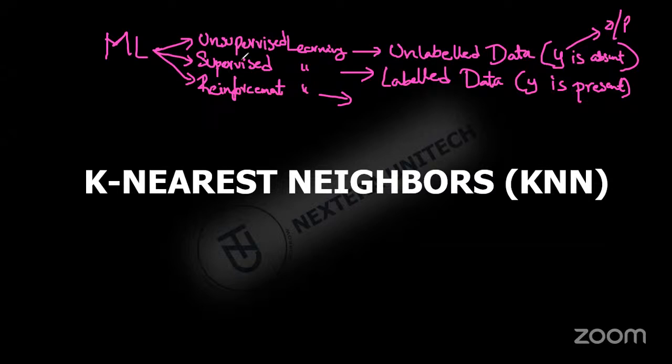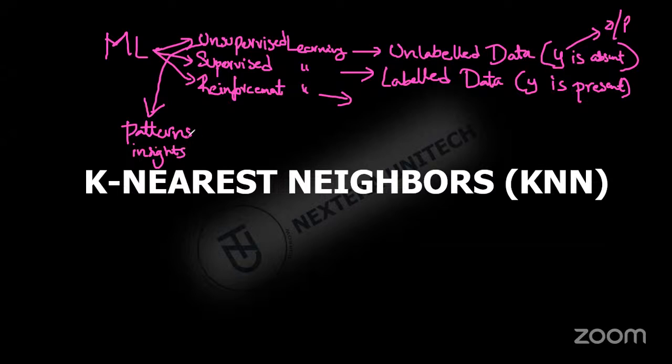If I just compare only supervised and unsupervised learning, unsupervised learning algorithms are used on unlabeled data where it returns us the patterns. The purpose of building an unsupervised model is to extract patterns from the data, to extract insights from the data.